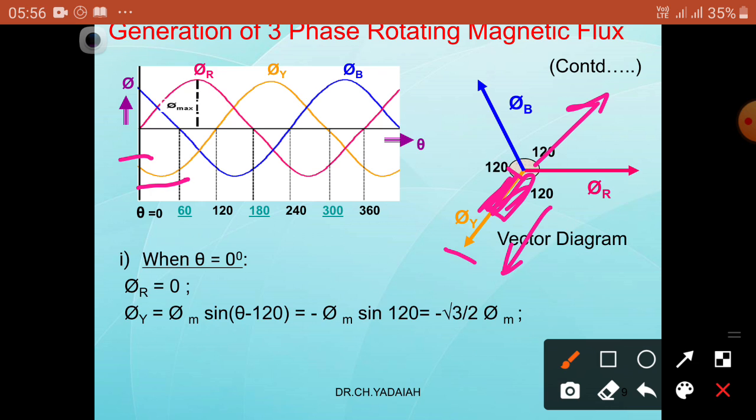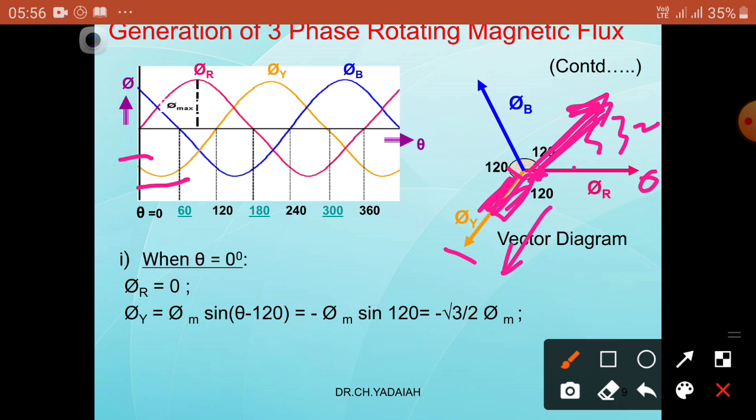The constant value is root 3 by 2; that is the magnitude, and the angle is in this direction. Compared to 0 degrees, instead of minus 120, it is going to plus 30 degrees in this direction. The R phase is 0, and only the y phase is present in this direction.